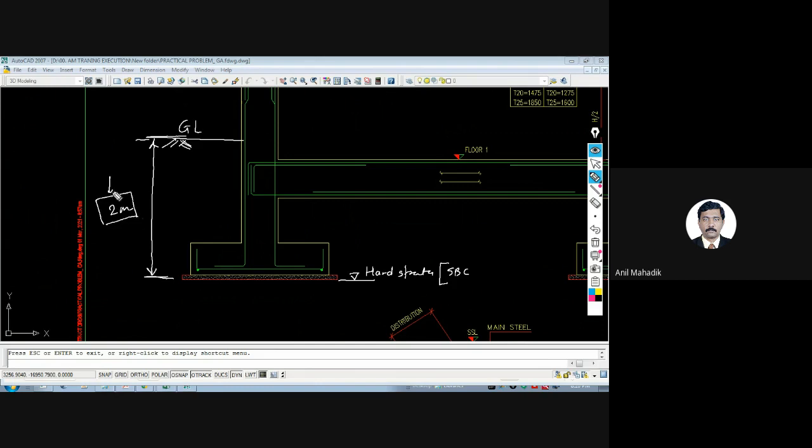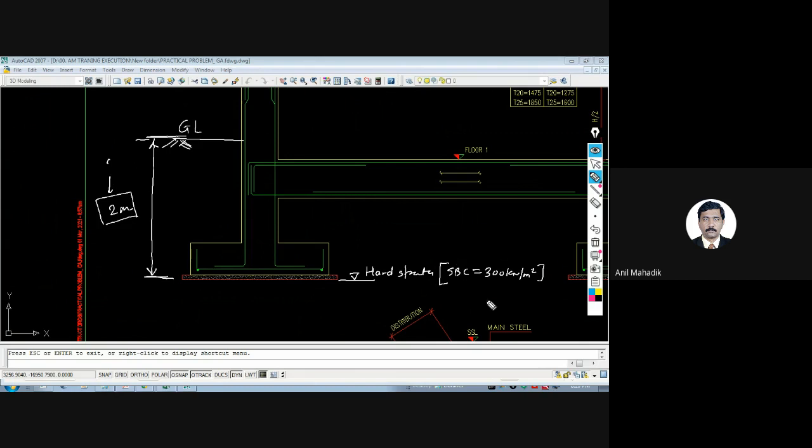So at 2 meter depth below the ground, you get an SBC of 300 kilonewton per square meter. Either you get it through the geotech report or you can assume it. If you visit the site, take a test pit, and are sure about SBC values, if there is a hard murom or something, you can assume such SBC values. So this is the level of your foundation.